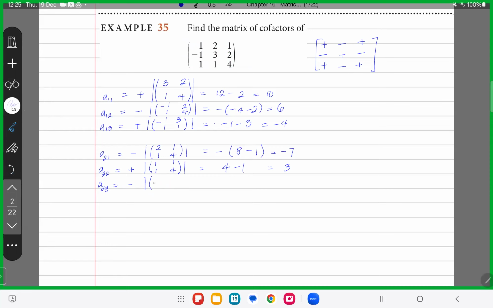And find the determinant of 1, 2, 1, 1. This is minus 1, minus 2. This is minus 1, 1. Third row.